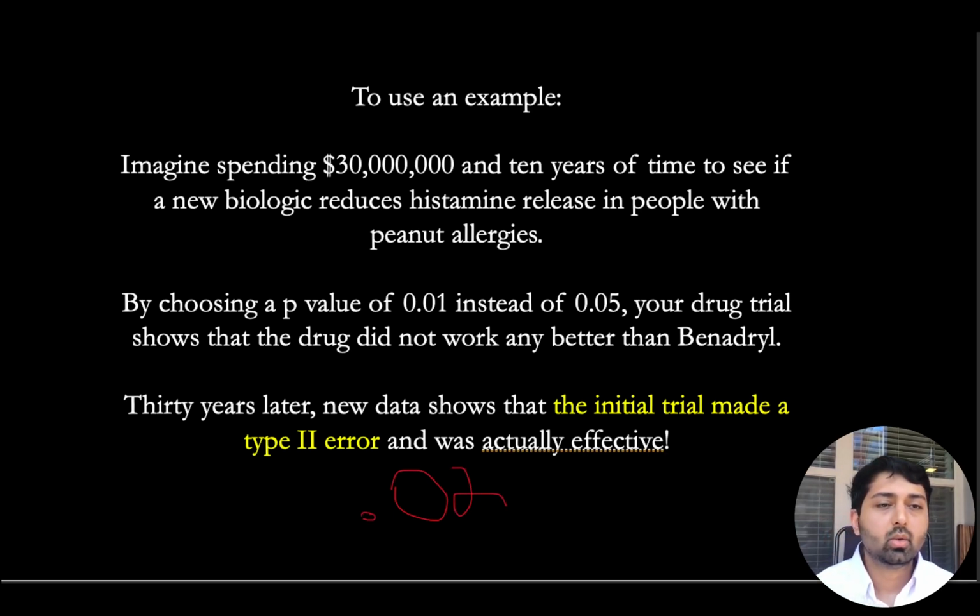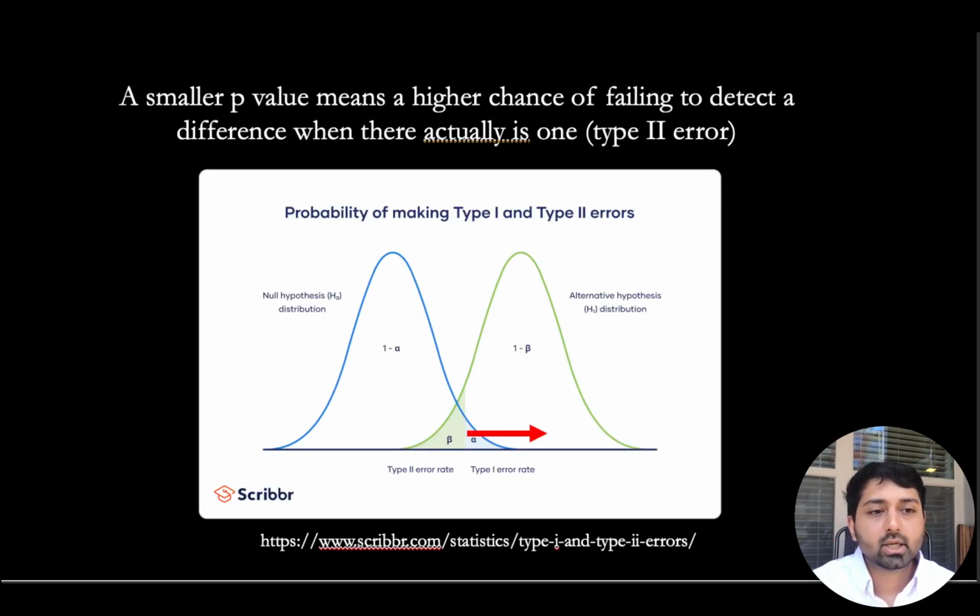And so what that means is that at a p-value of 0.05, your drug might have passed the trial. So essentially the trial made a type 2 error. There actually was a difference. Your drug did work. It just failed to show a difference. And that's why we make this trade-off. We want significant data, but we don't want to miss results that are actually there, just hidden.